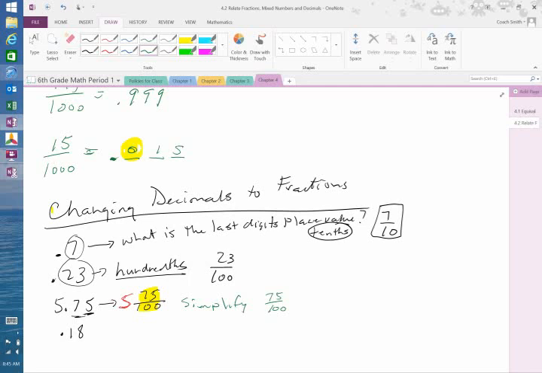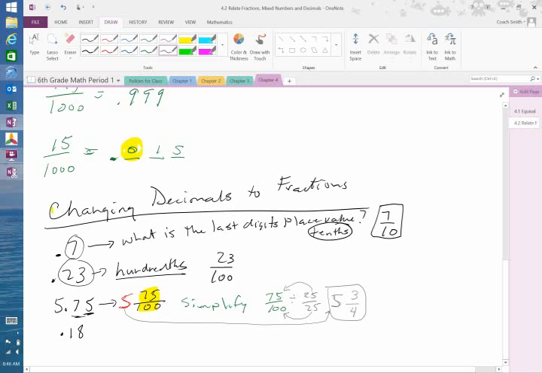So I have to divide by 25 over 25. 25 into 75 goes 3 times. 25 into 100 goes 4 times. Now I take the 5 and put it back in front of the fraction. So 5 3/4 would be the answer.